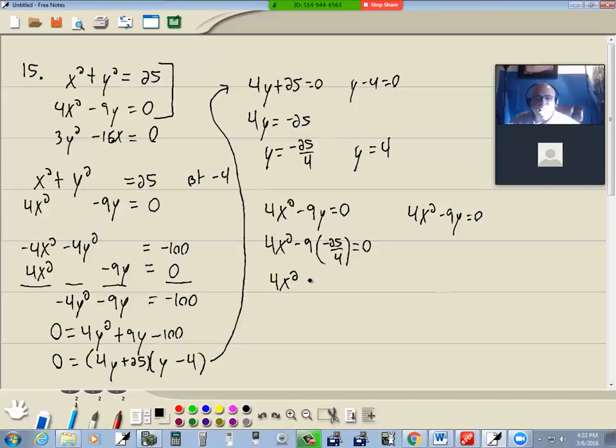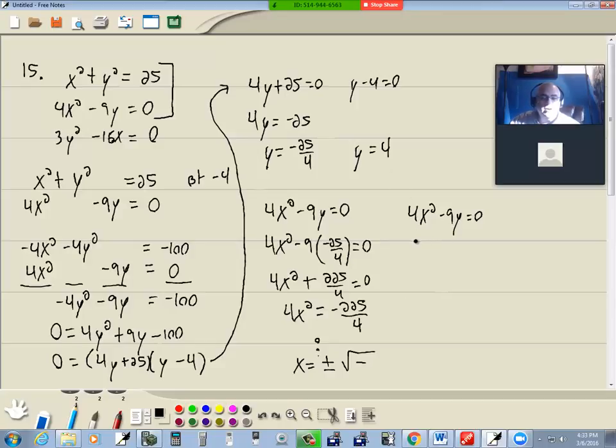So we got 4x squared plus 225 over 4. But when I solve this, notice what's going to happen. We get a negative value over here. So once I go through and get rid of the squared and put a plus or minus square root on the other side, it doesn't work. So we don't have to go any further on that once we spot that.